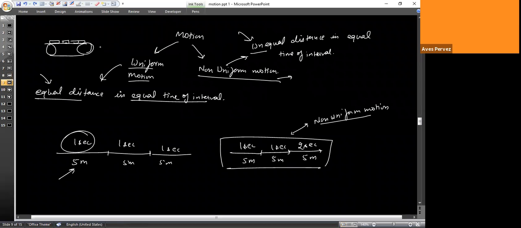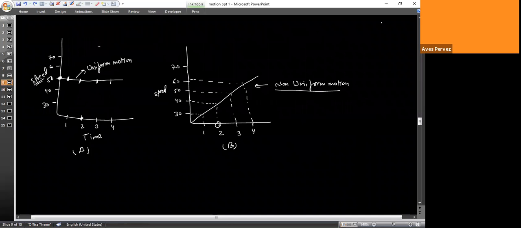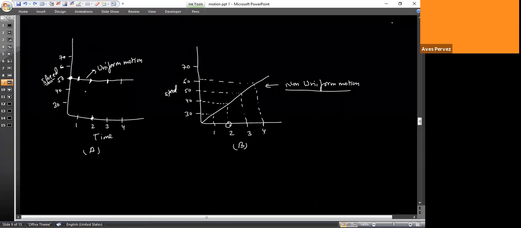The important topic is the graphical representation, to understand the line. In a speed time graph, a straight line parallel to the time axis represents uniform motion.